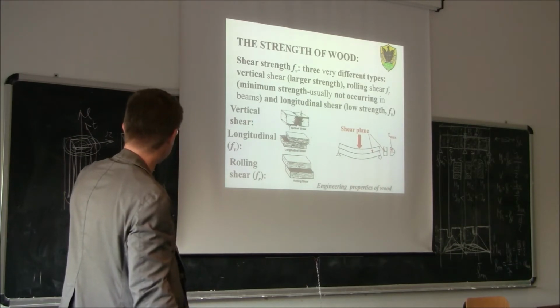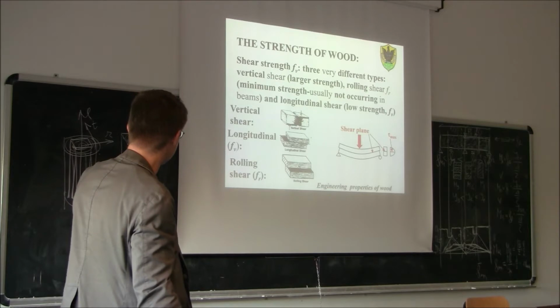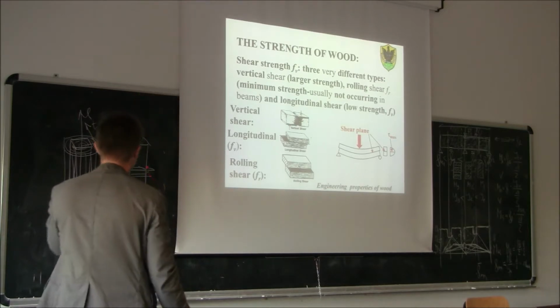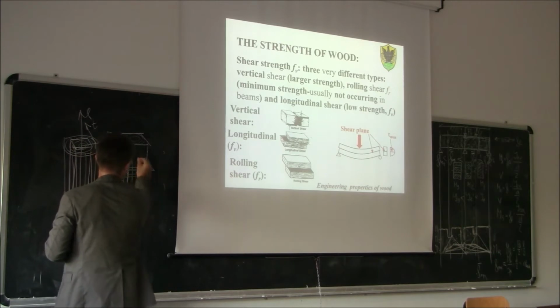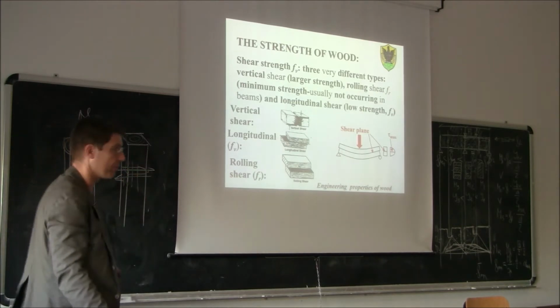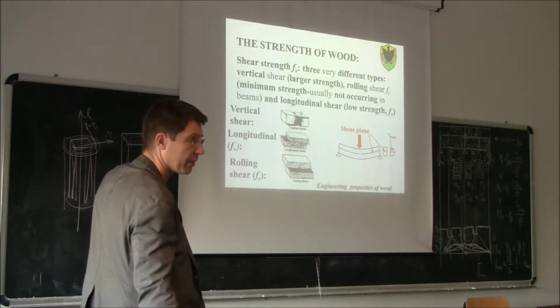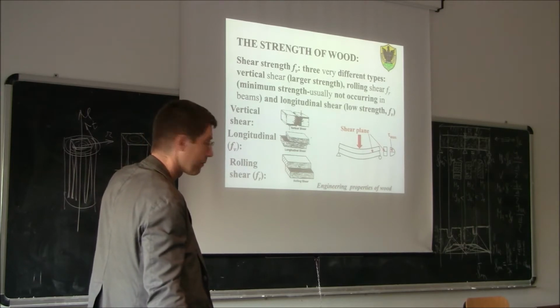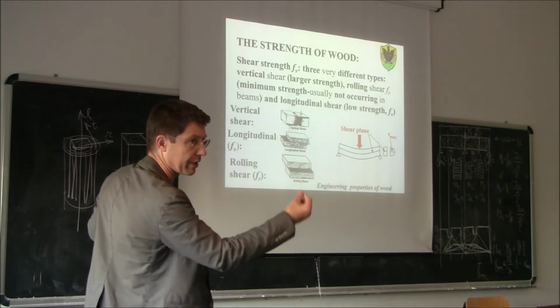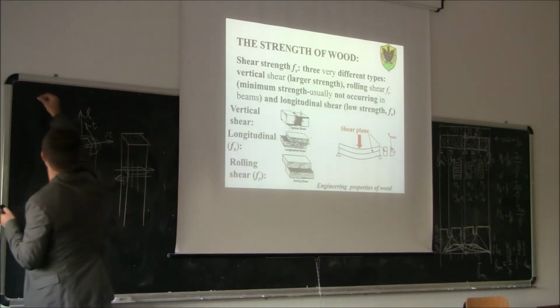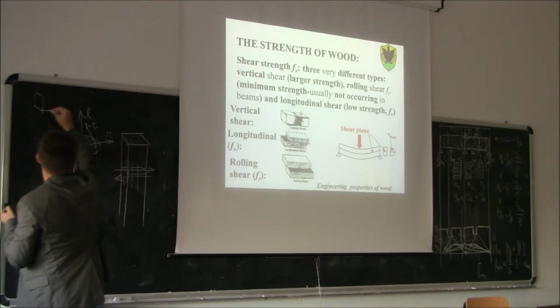Basically, if the shear plane is perpendicular to the fibers, like in this case here, then, of course, in order to have a shearing of these two pieces of wood, we would have to break the fiber. Okay? So this is a beam. Now we are looking at the beam as if it was vertical, but usually this beam, of course, is this way.